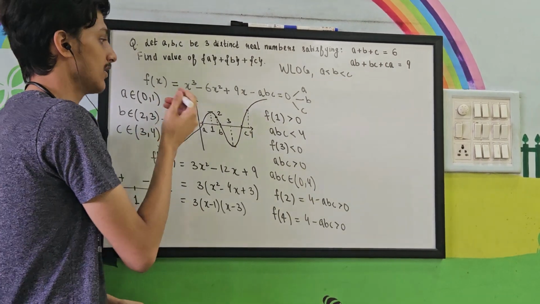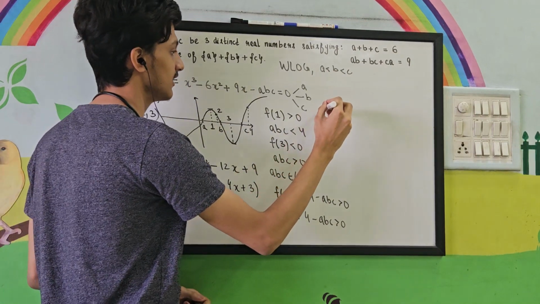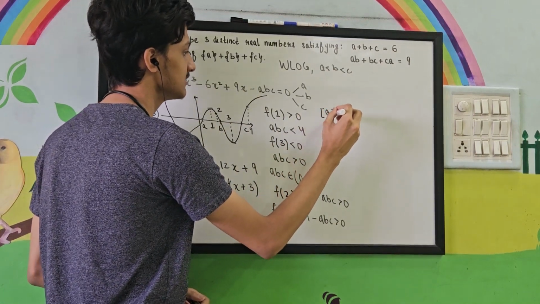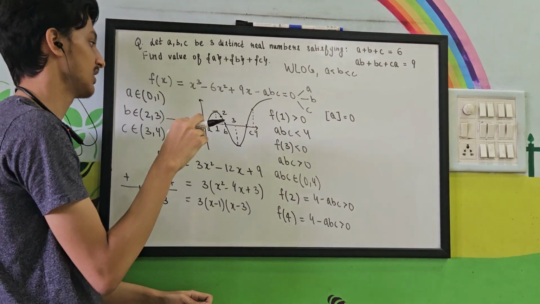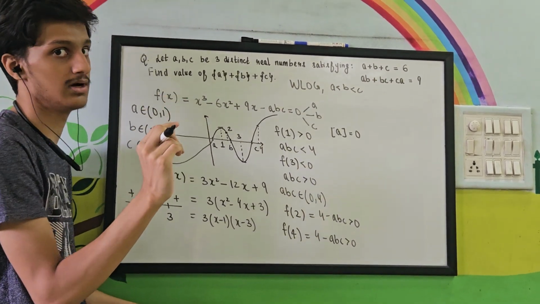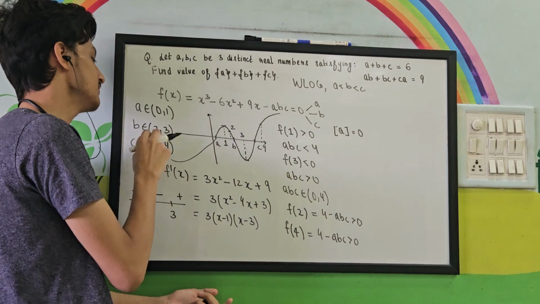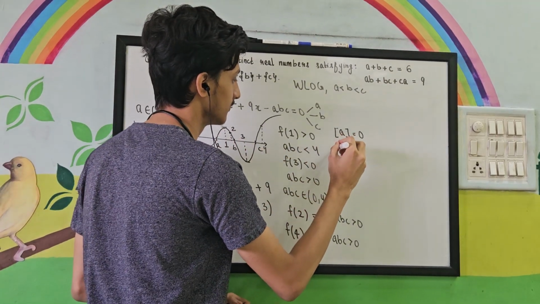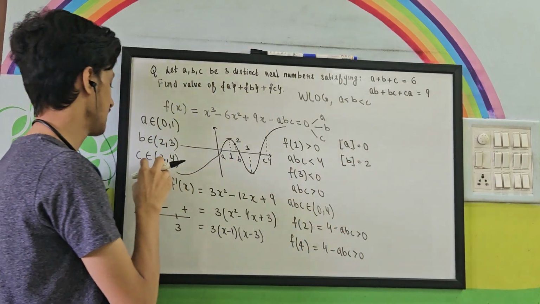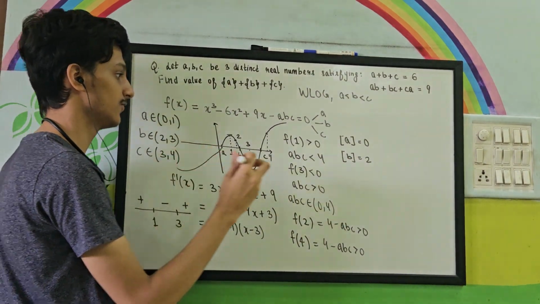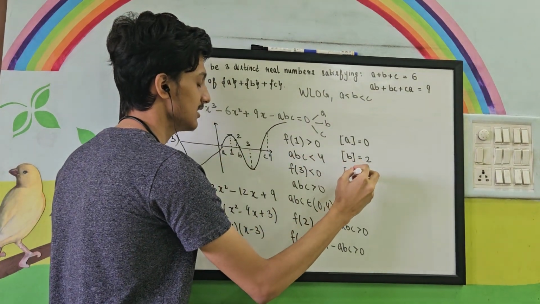So we can accordingly also write their GIFs, like GIF a over here will be 0 because it is between 0 to 1, so the maximum value it can have is going to be lesser than 1, hence GIF is 0. B can be between 2 and 3. So GIF B is equal to 2. And C is between 3 and 4. So GIF of C is equal to 3.